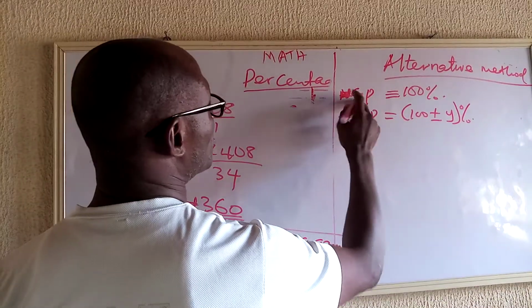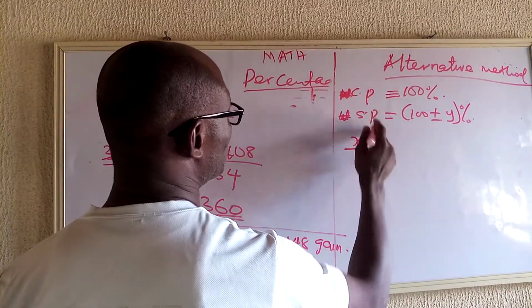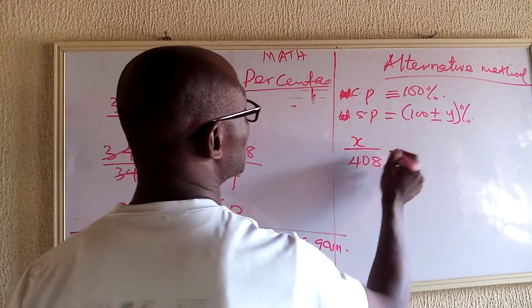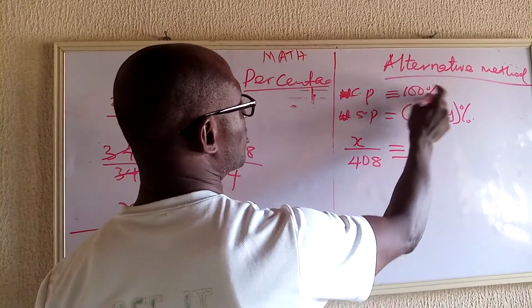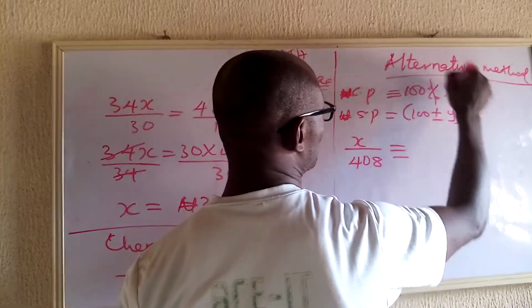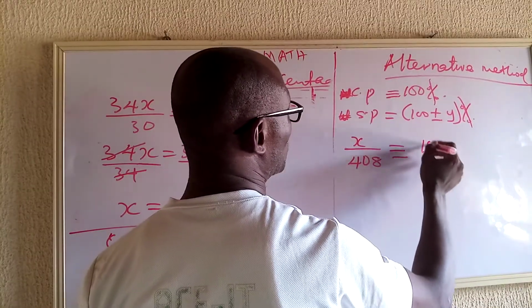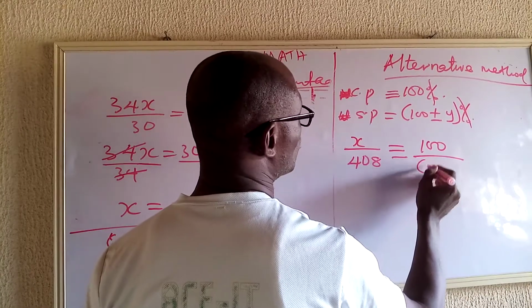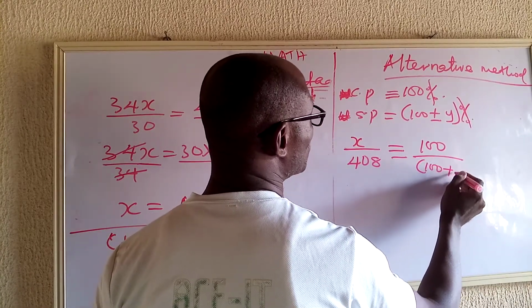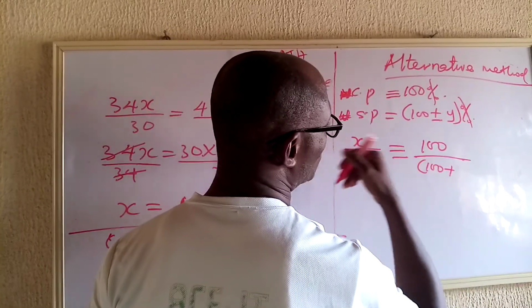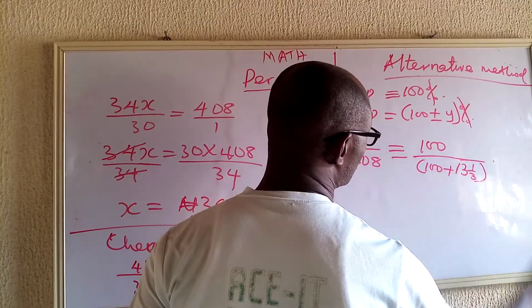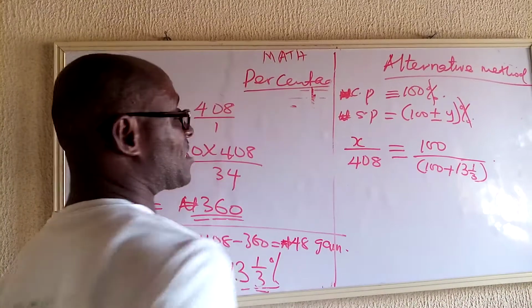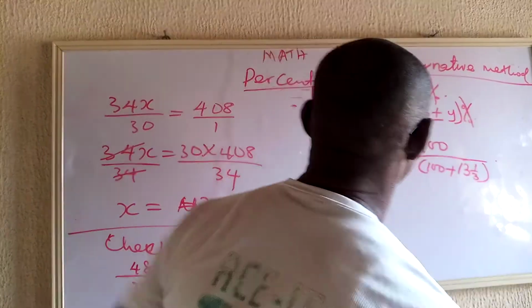So cost price, which is x, over selling price, which is 408. That's substitution I'm doing, equivalent to this 100%. Percentage, you cancel percentage. We have only 100 left, over this will be 100 plus what's the percentage given? 13 and 1/3, which I can change to 13.33.